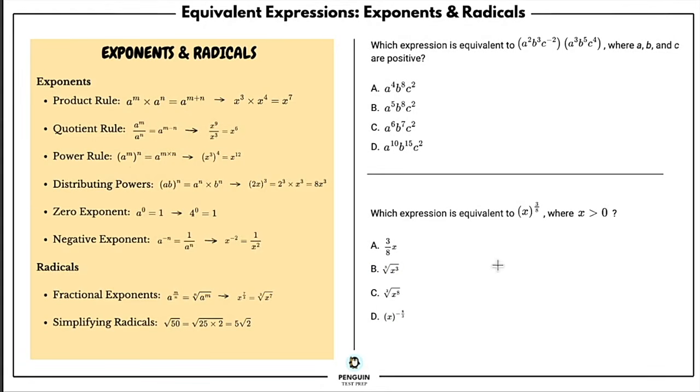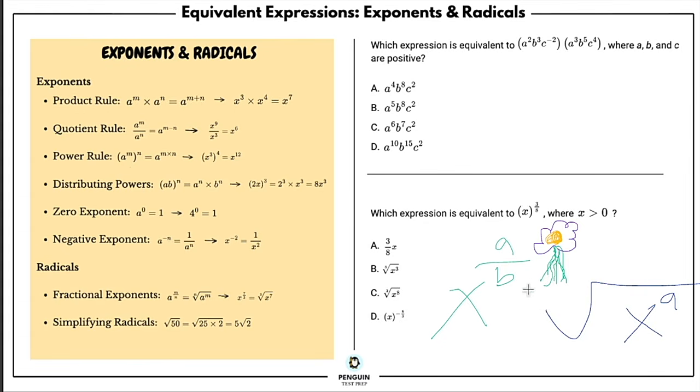Let's say we have x to the a over b, and we have a beautiful flower with roots down here. When we convert this, the flower is the power. So the flower, a, is the power, and the root, b, is the root. So the denominator goes in the root, and the numerator stays with the base as its power under the root.